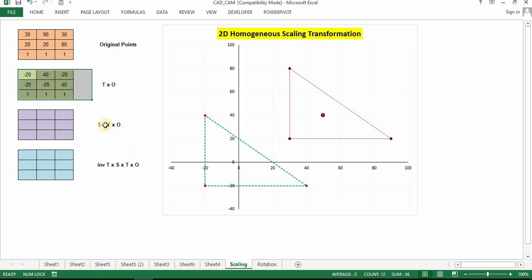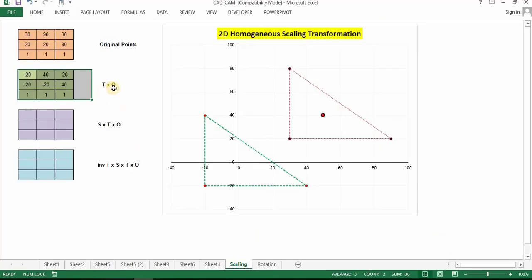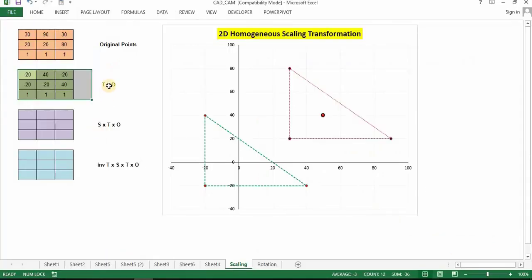At the origin, we apply the scaling factor 0.5. We multiply this T into O, this entire matrix, with the scaling factor, for both directions x and y. So the matrix becomes Sx, Sy equal to 0.5, and this is the representation. The original point multiplied with translation, and that result multiplied with the scaling factor.